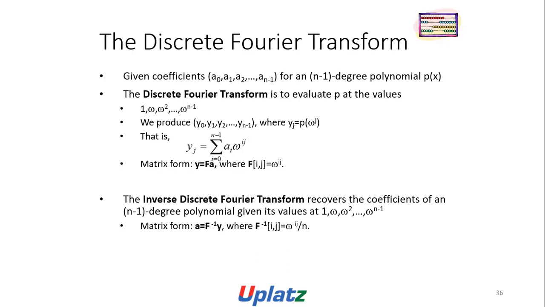The inverse discrete Fourier transform recovers the coefficients of the degree n-1 polynomial given its values at 1, omega, omega squared, up to omega^(n-1): a is equal to F inverse y, where F inverse (i,j) is equal to omega^(-ij) divided by n.